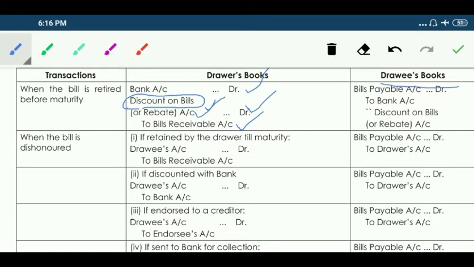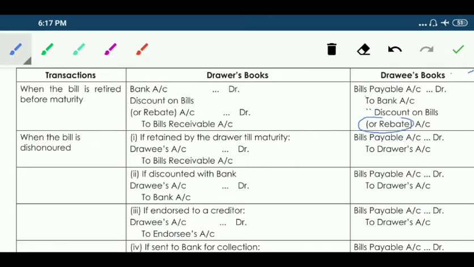In the drawee's books, the bills payable account is debited because the liability is reduced. The bills payable account was already credited in the drawee's books. Now we debit the bills payable account to reduce the liability. Next, the discount on bill or rebate account, popularly called rebate account.